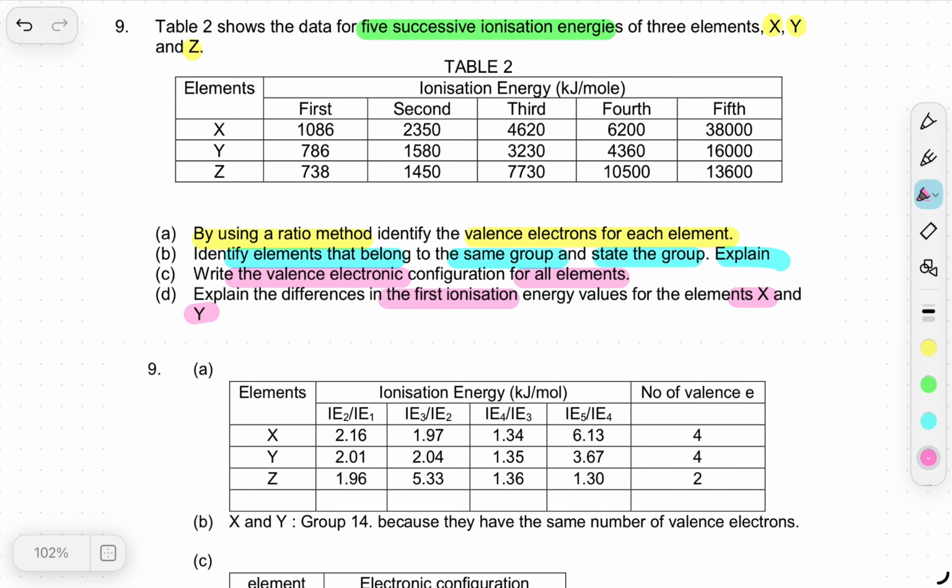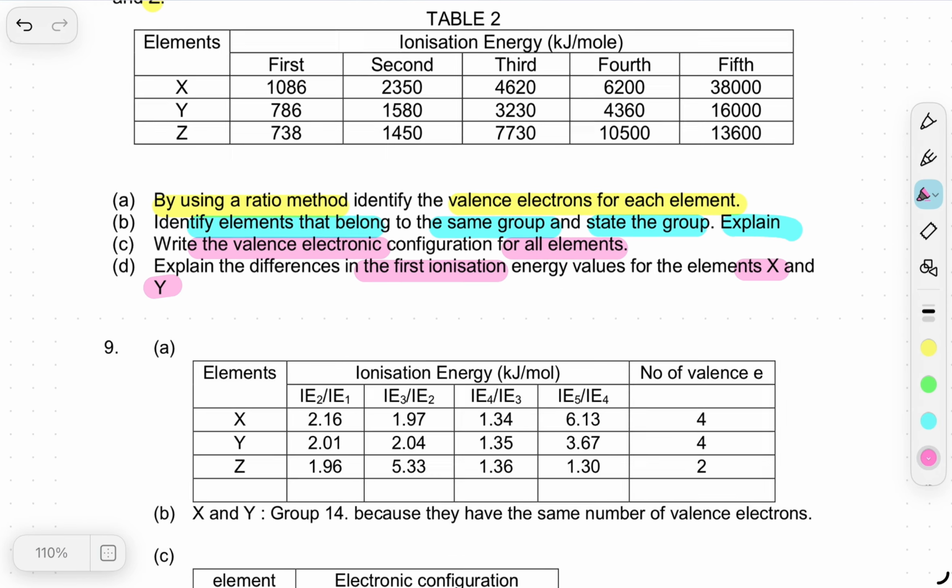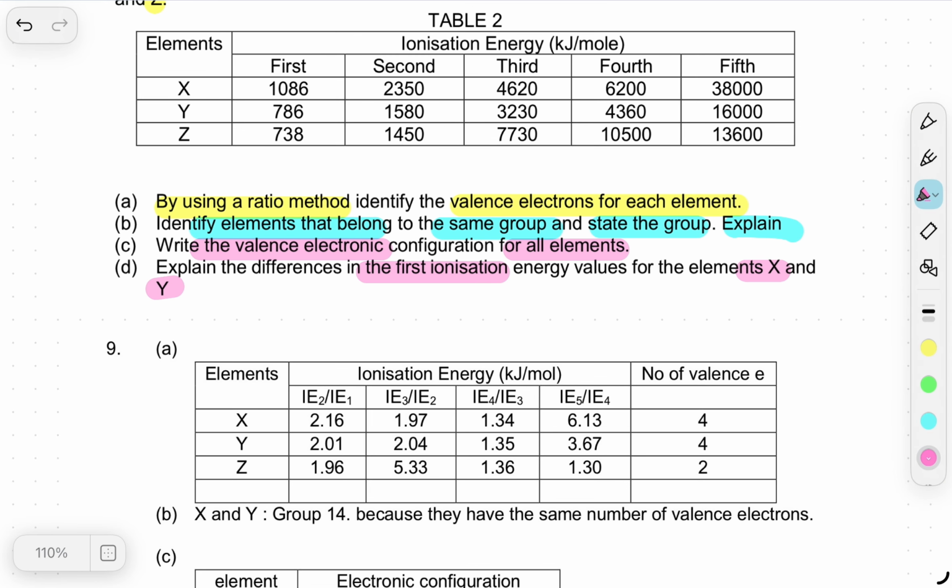Firstly, for the ratio method, the answers are here. As you can see, when we compare the successive ionization energies using the ratio method, it's quite clear which ratio is off and where the big jump is.